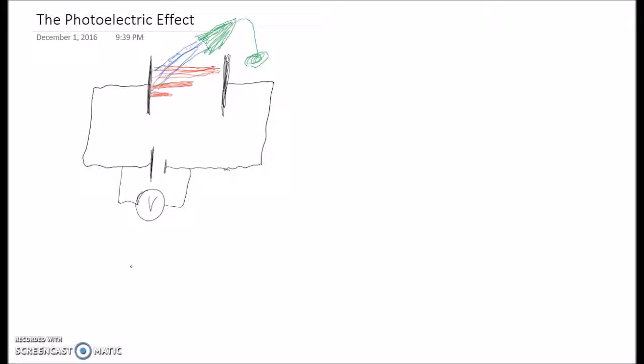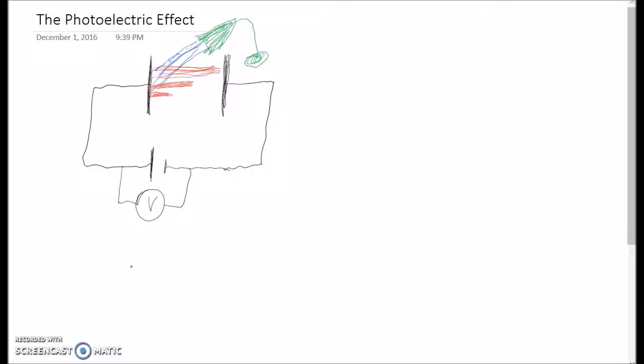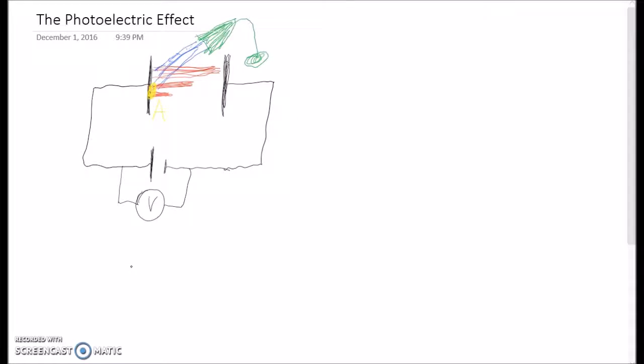Okay, so at the beginning of the situation, how about I use a different color here? At the beginning point A, comparing to the end point B. Actually, point B is the end point of the electron, where it stops moving forward and starts moving backwards.